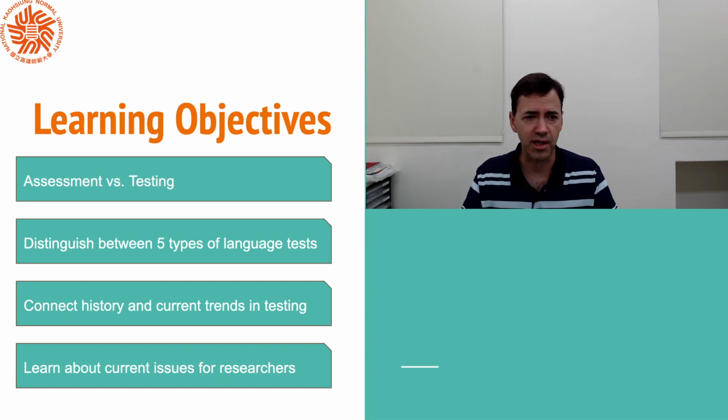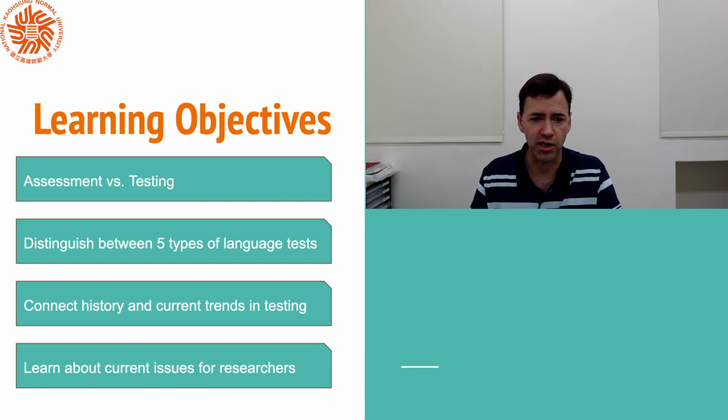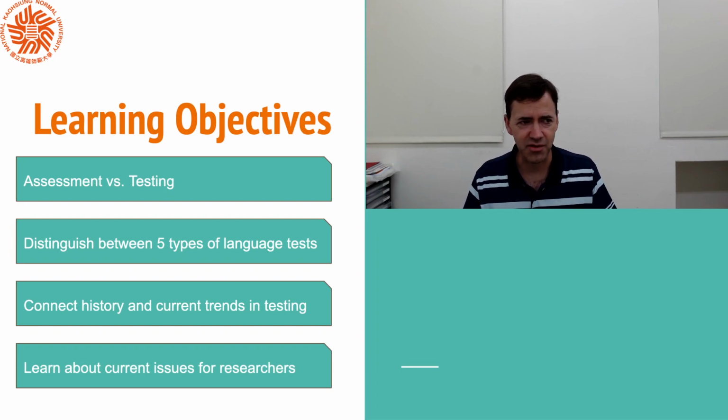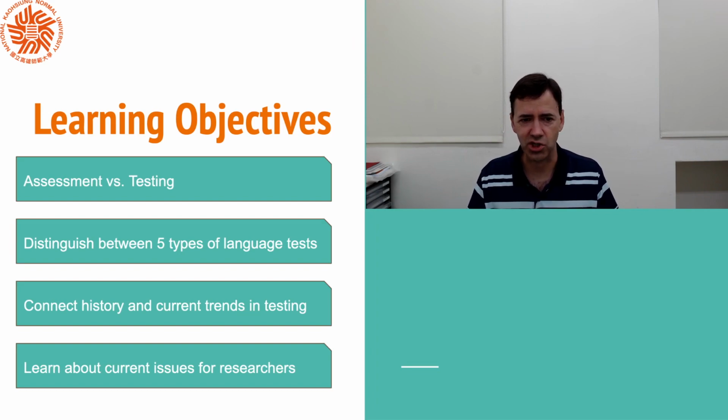The first one is assessment versus testing, and then we're going to distinguish between 5 types of language tests, and then we're going to connect history and current trends in testing, and then we're going to learn about current issues for researchers. Okay, so at the end of this video, and when you're done reading the chapter, you should have a very clear idea about these 4 areas.